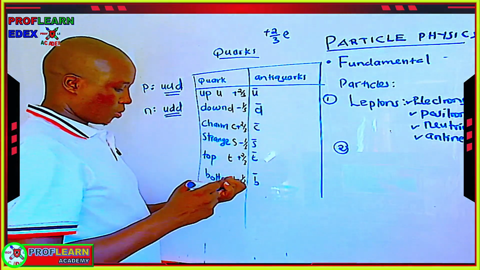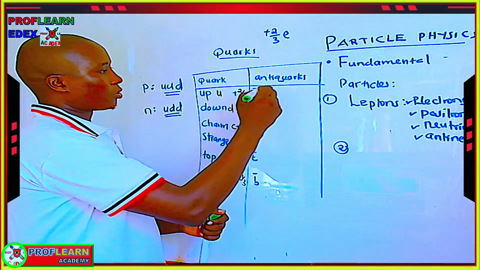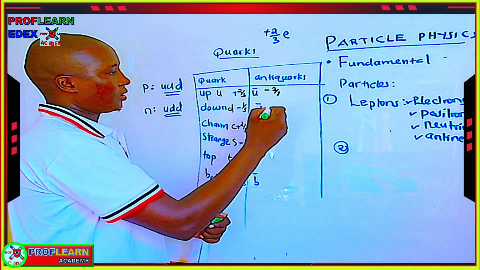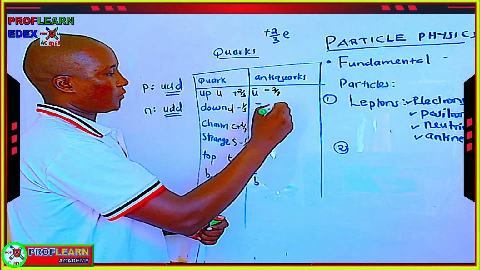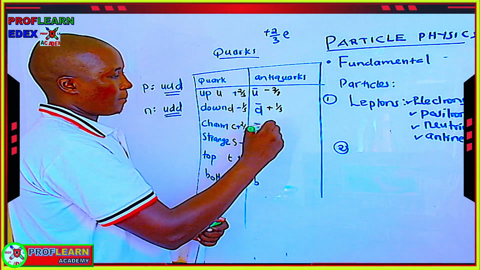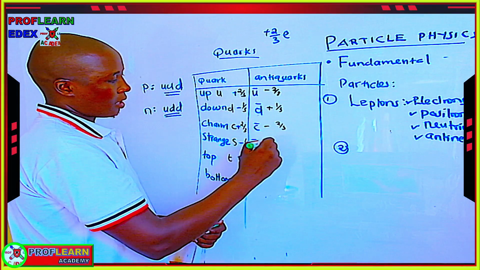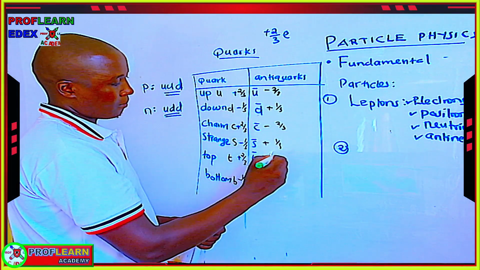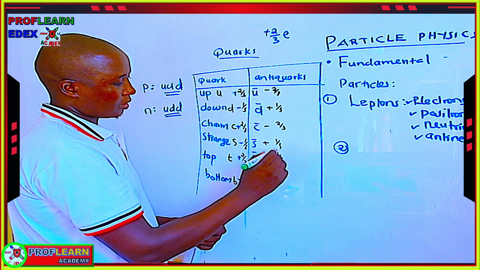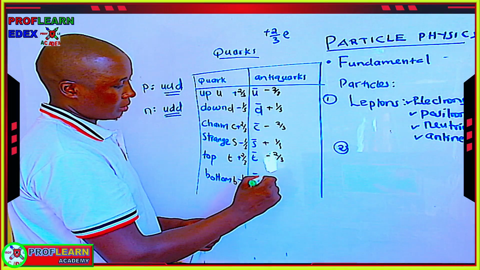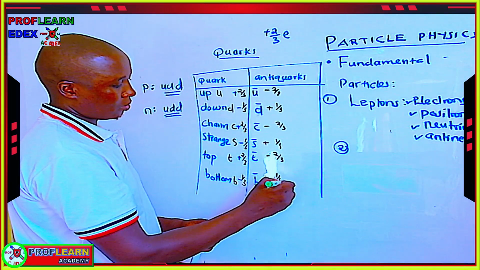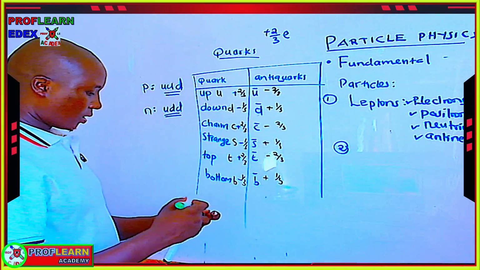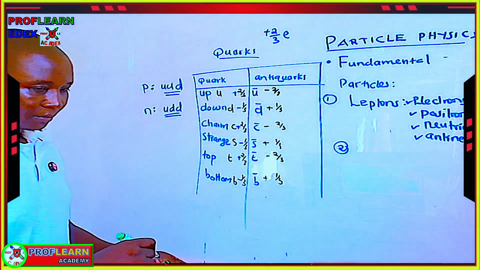So this is going to have a charge of 2 over 3, and this is going to be positive 1 over 3, minus 2 over 3, positive 1 over 3, minus 1 over 3, 2 over 3 rather, and positive 1 over 3.